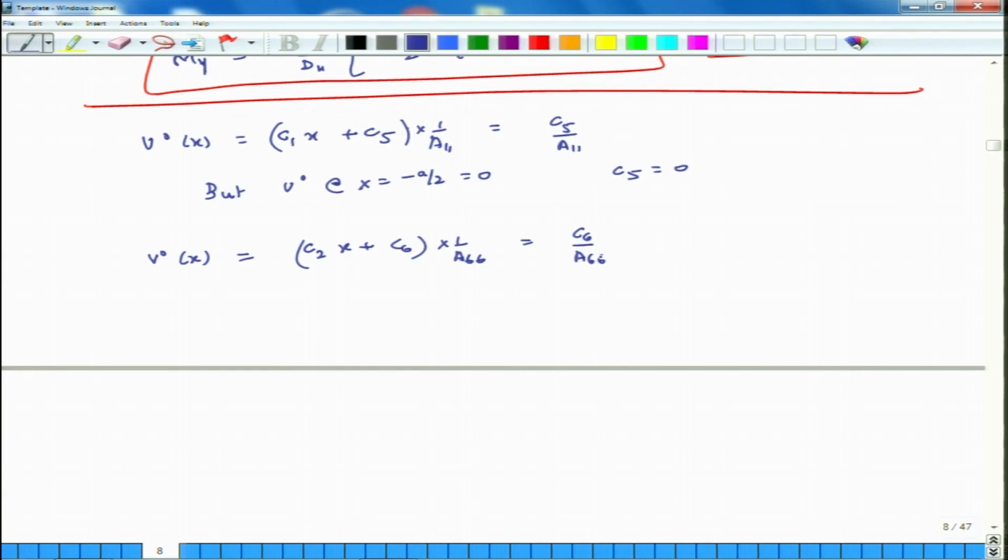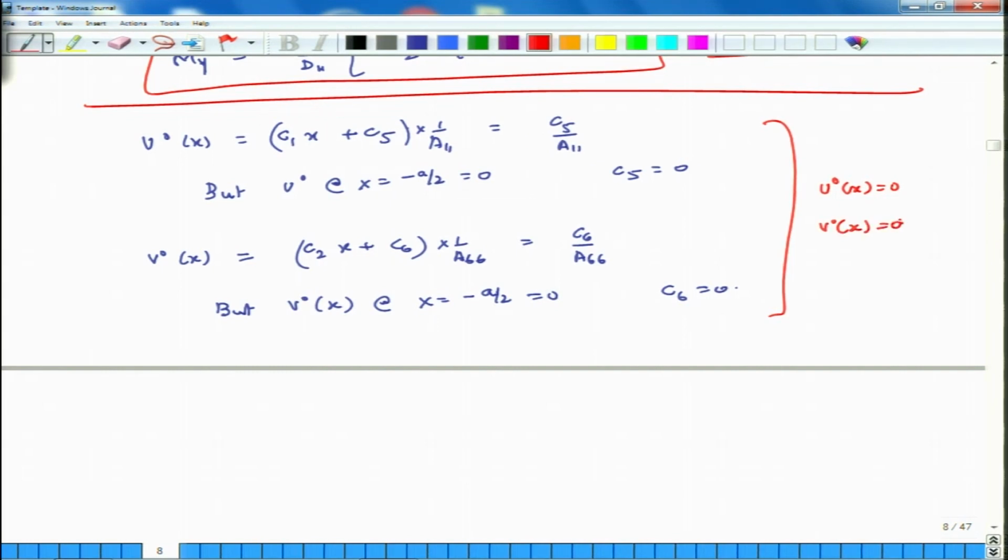And we have seen that V naught x at x is equal to minus a by 2 is equal to 0. So, C6 is also 0. So, what these things give us is u naught x equals 0 and V naught x equals 0.